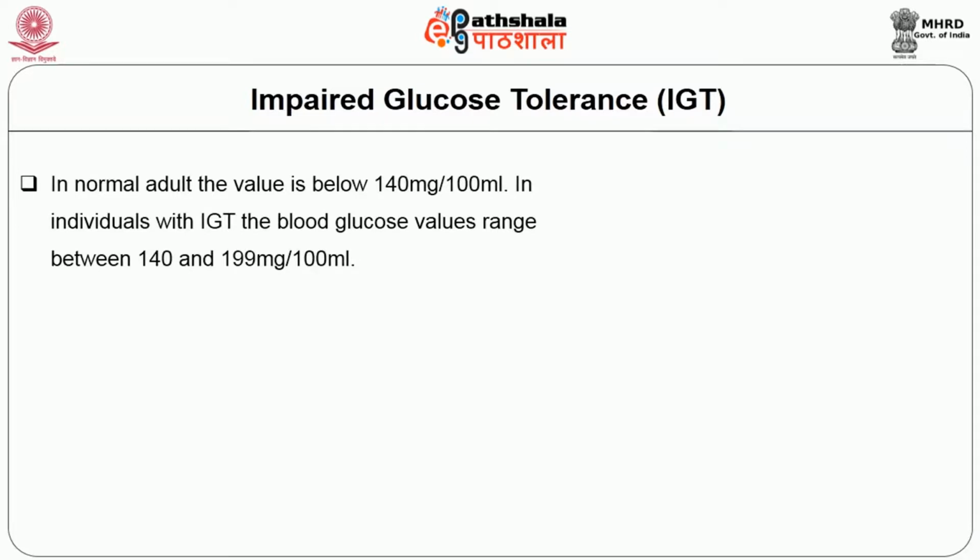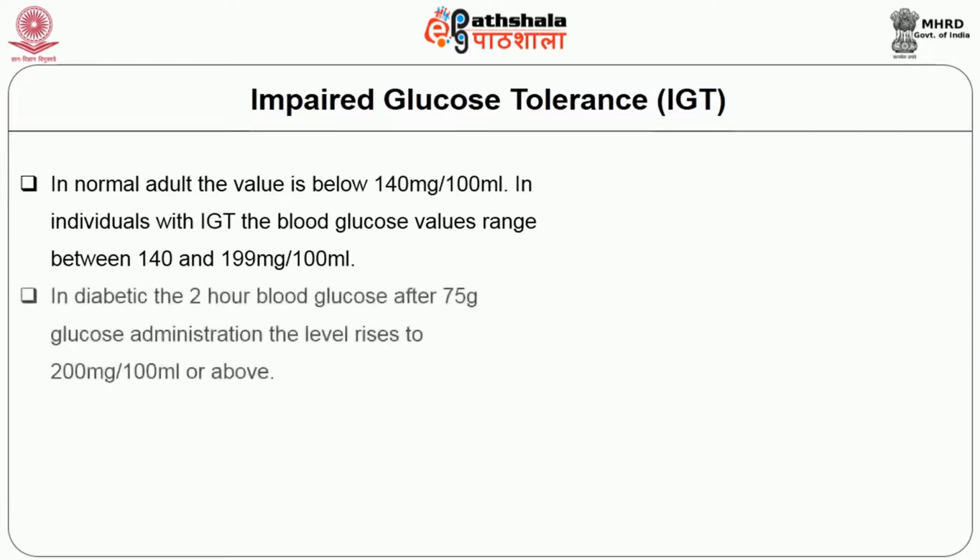In individuals with impaired glucose tolerance or IGT, the blood glucose values range between 140 and 199 milligram per 100 ml. In diabetics, the two-hour blood glucose after 75 gram of glucose administration is 200 milligram per 100 ml or even above that.